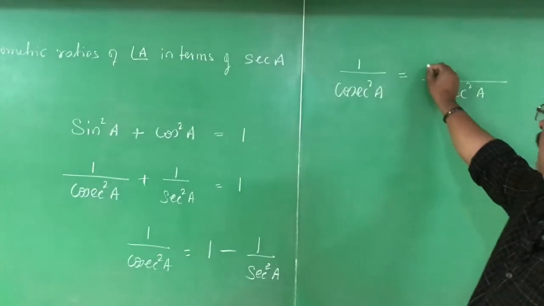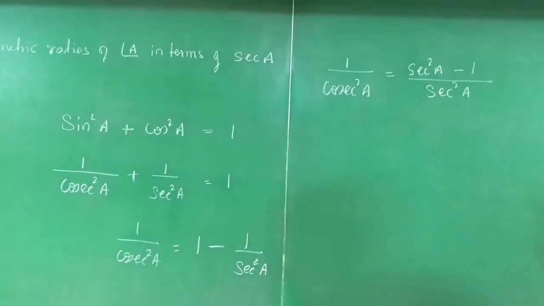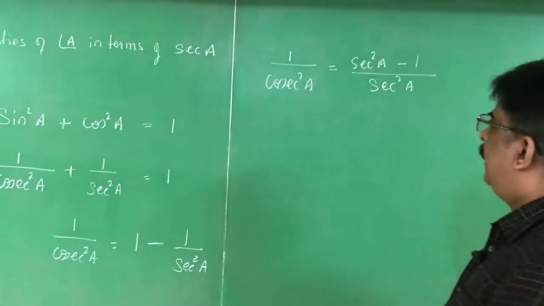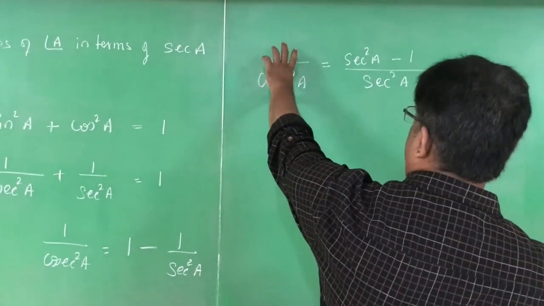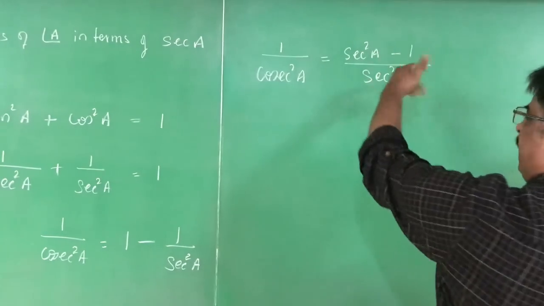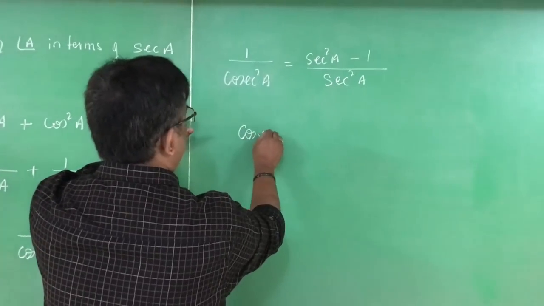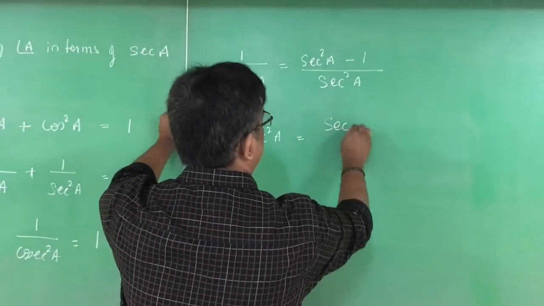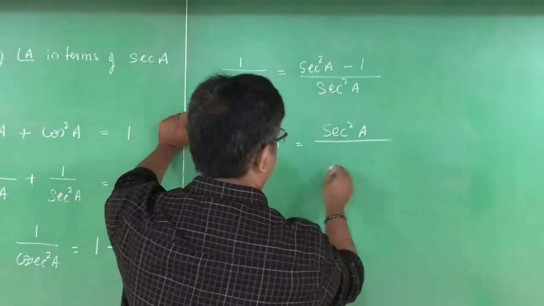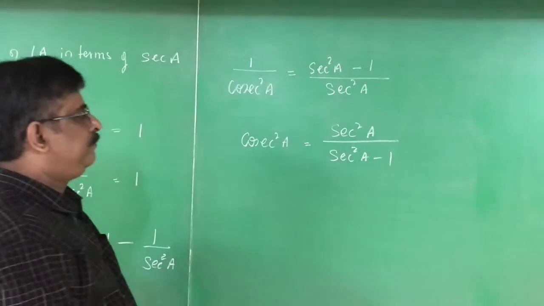Then it becomes secant square A minus 1. Right? Now I take the reciprocal of this. If I take the reciprocal of this, this also becomes a reciprocal. Then it becomes cosecant square A is equal to secant square A by secant square A minus 1.